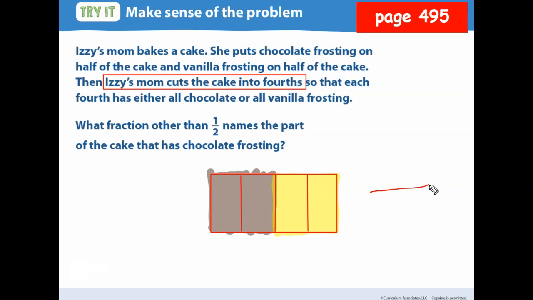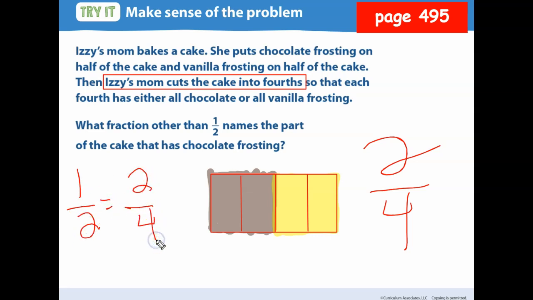If it's a half, I only have 2 sections. Do I have 2 sections? No, I don't have 2 sections total. How many total sections did I make? 4. How many are chocolate? So what's the fraction? 2/4. So a half is equal to 2/4.